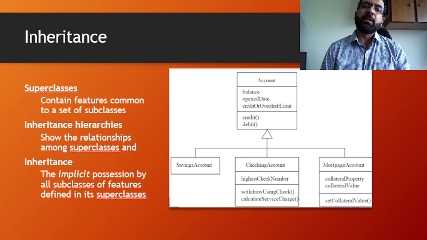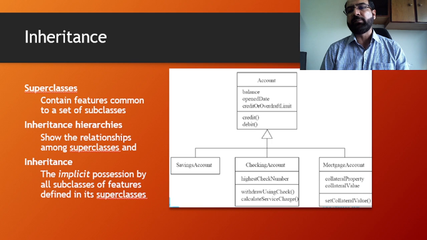Whenever we talk about inheritance, we talk about superclasses and subclasses. A superclass has certain attributes or behaviors which should be followed by all subclasses, or rather they inherit all those attributes and behaviors of their superclasses, as well as all the relationships which that superclass has.